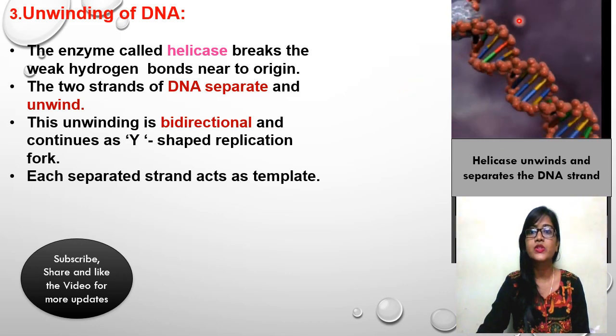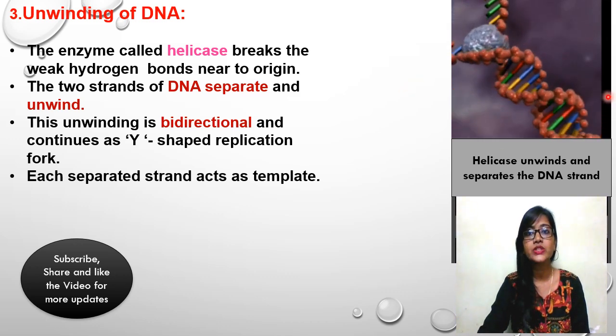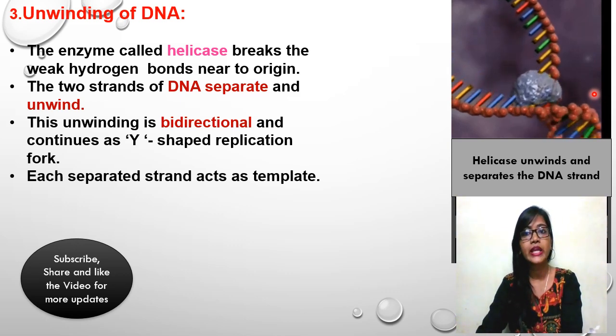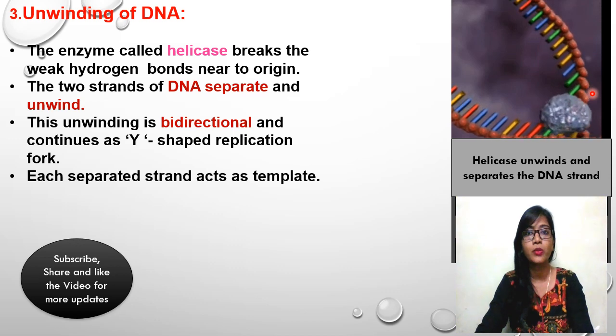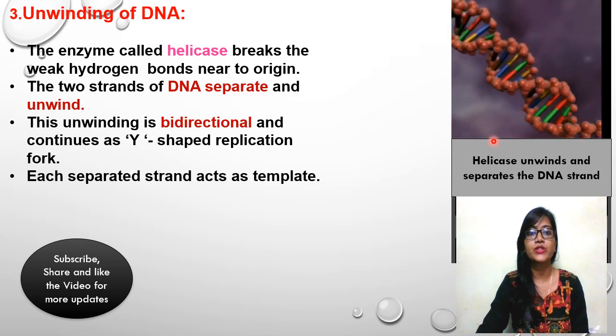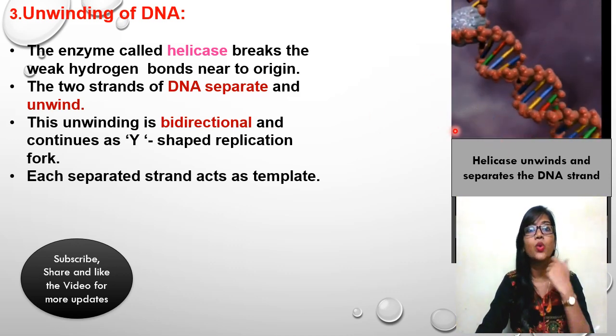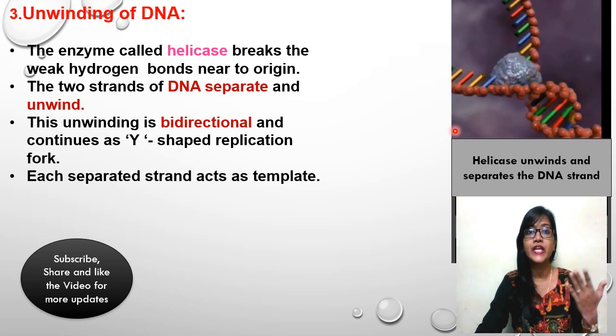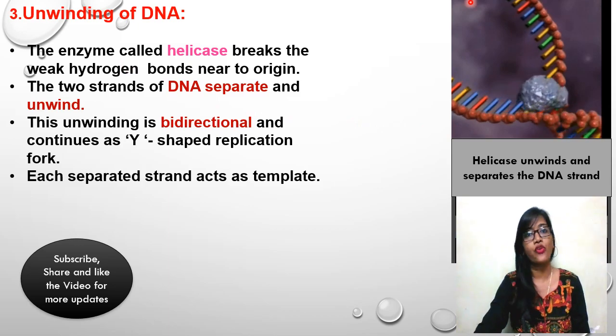There is one DNA template from which a new DNA strand can get formed, and this is another template. They act as old strands on which the newly synthesized DNA can get formed.